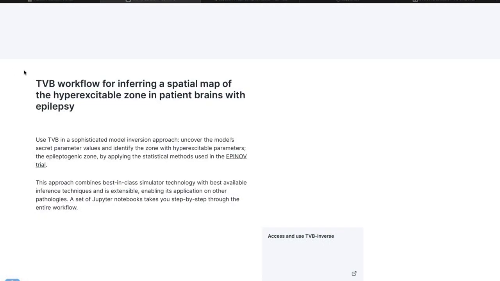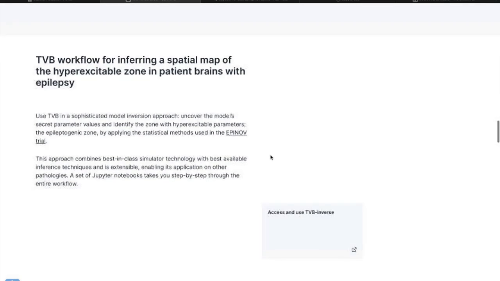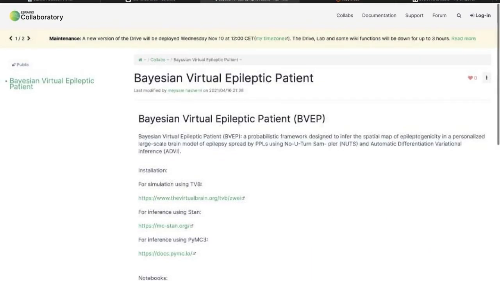But what I talked about today is a TVB workflow for inferring a spatial map of the hyperexcitable zone in the patient's brain, so for the Bayesian virtual epileptic patients.